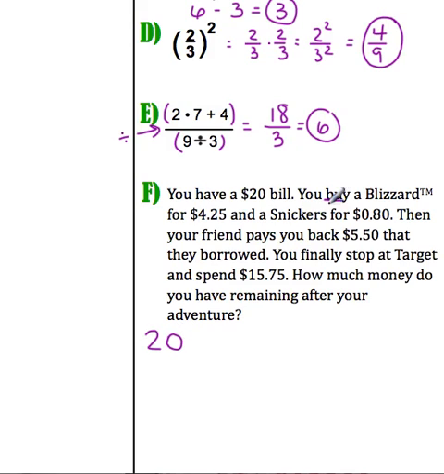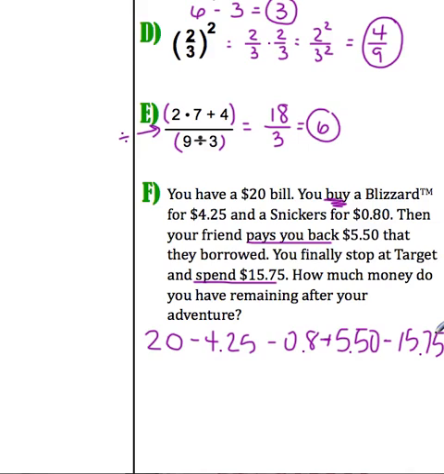It says that we buy, which implies we subtract, and that was $4.25. And then we also bought a Snickers, so we're also going to subtract 80 cents. And then your friend's going to pay you back, which implies you add $5.50. And then you stop at Target and spend $15.75. So we're going to spend $15.75.